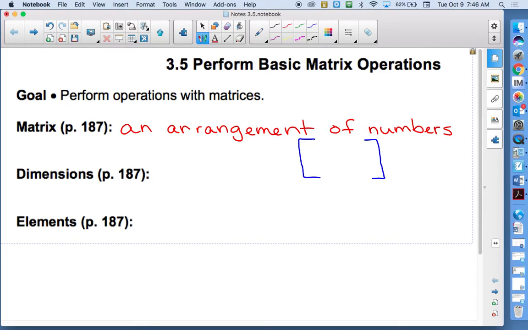A matrix can have different numbers inside of it, and they're arranged by rows and columns. So, an arrangement of numbers by rows and columns. And we'll look at matrices of different sizes, bigger and smaller.